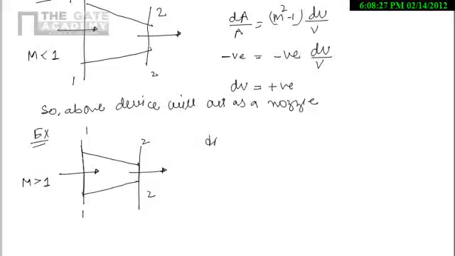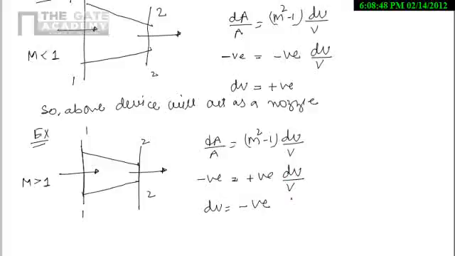Again we will use dA by A equals M square minus 1 times dV by V. Here again area of cross section is decreasing, so dA will be negative. M square is greater than 1, so M square minus 1 will be positive. So dV will definitely be negative, meaning kinetic energy is decreasing. So the above device will act as a diffuser.